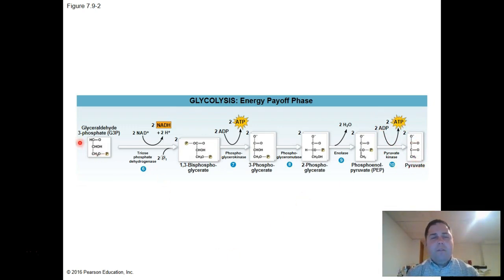One thing to realize here is that all of these numbers on top are 2's, because 2 glyceraldehyde 3-phosphates go through this process for every 1 glucose. Again, I'd like you to be able to look at this as a map and talk about it, but only if I were to give you this picture, not to memorize this in any way, shape, or form.